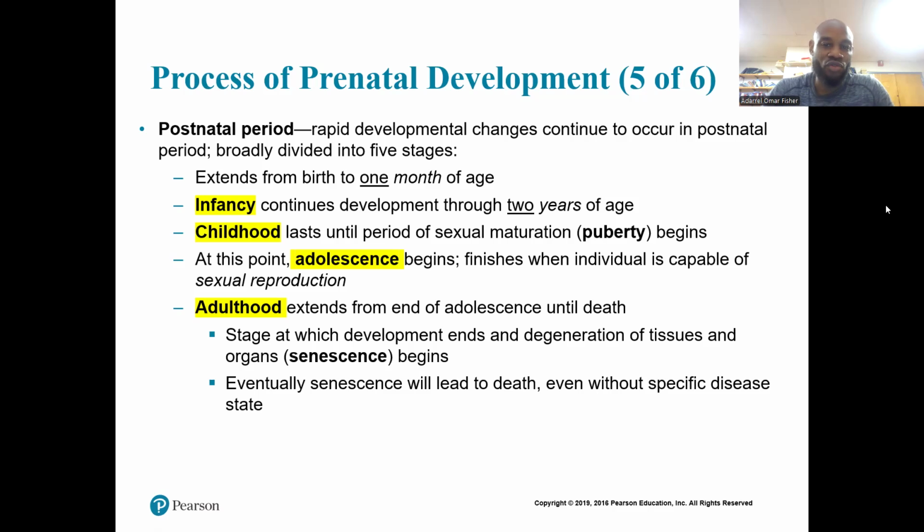Infancy continues through 2 years of age. Childhood lasts until puberty. At this point, we begin adolescence. That's a very hormonal time of life. And then we have what is called adulthood, from adolescence till what we call death or the end of life, or when all your metabolic reactions stop.